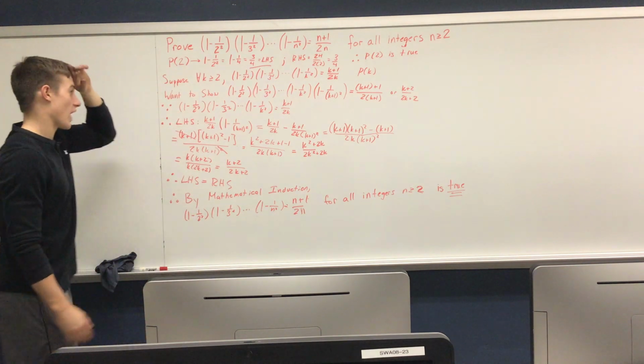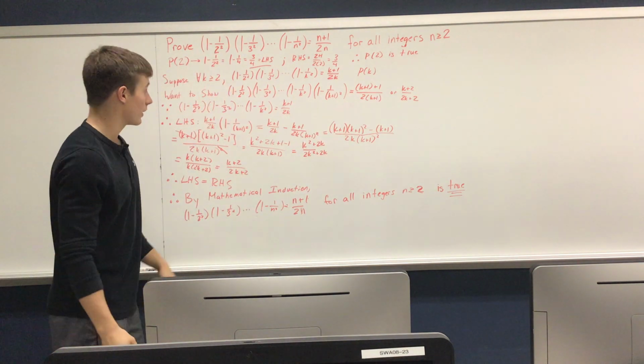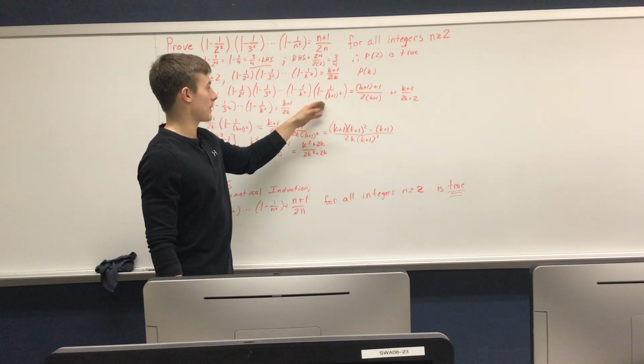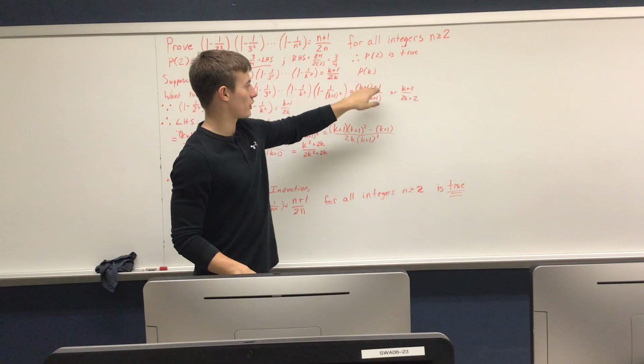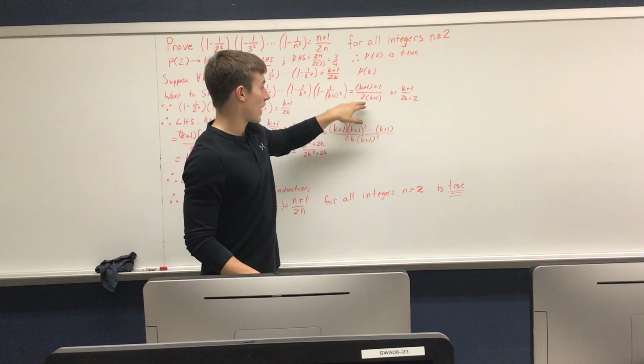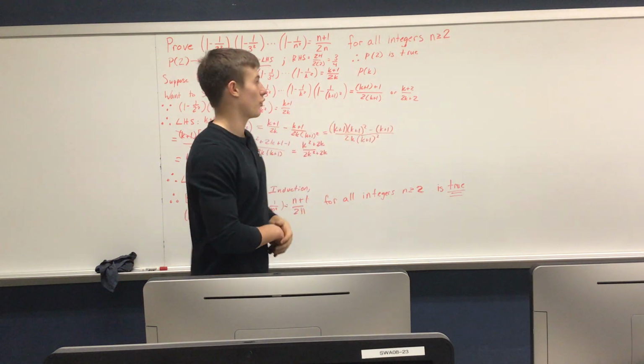Now we want to show that the same sequence plus another term, which is our k plus 1, so 1 minus 1 over k squared times 1 minus 1 over k plus 1 squared is equal to k plus 1 plus 1 divided by 2 times k plus 1, which is also k plus 2 over 2k plus 2.